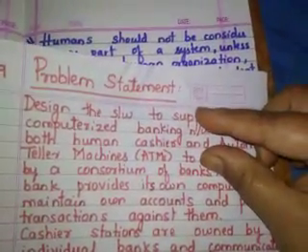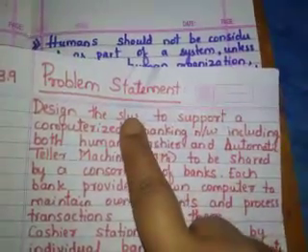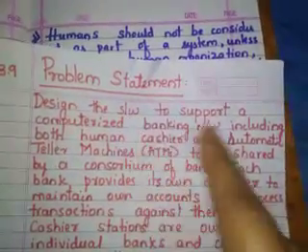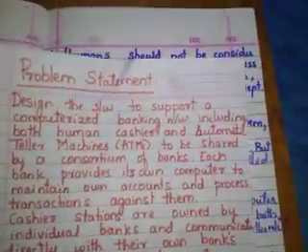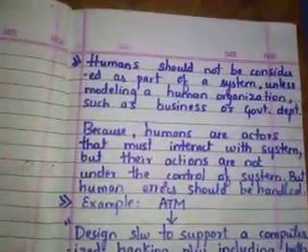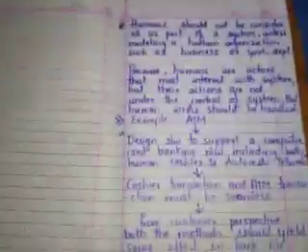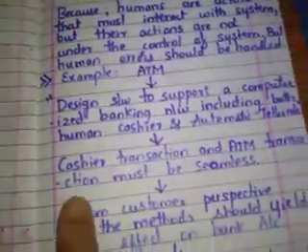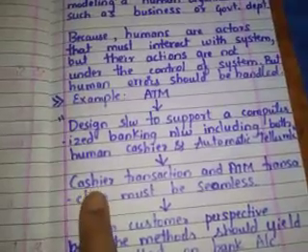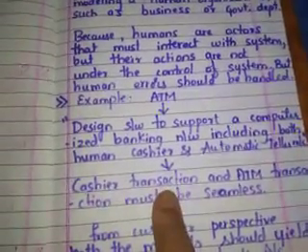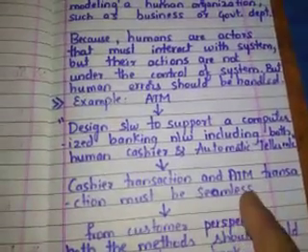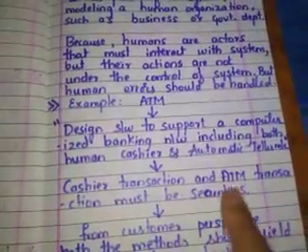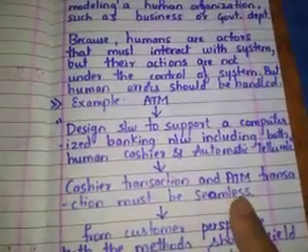So this is very precise, explaining that they want software which can be used by the cashier as well as for the ATM. It means it is handling both the human and the machine. In such cases, whatever happens at the cashier station and at the ATM station should be seamless. That is, the cashier transactions and the ATM transactions must be seamless.